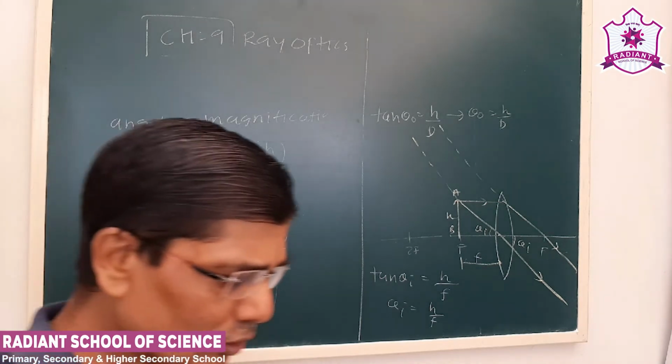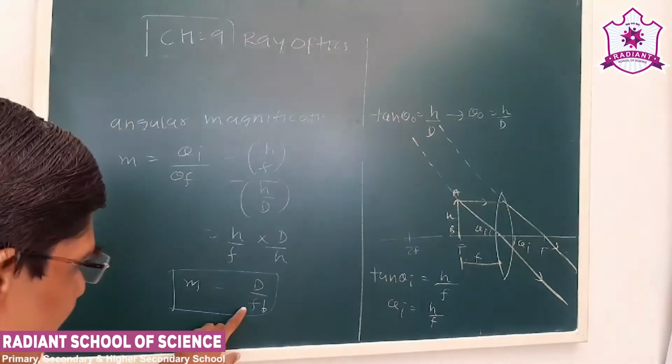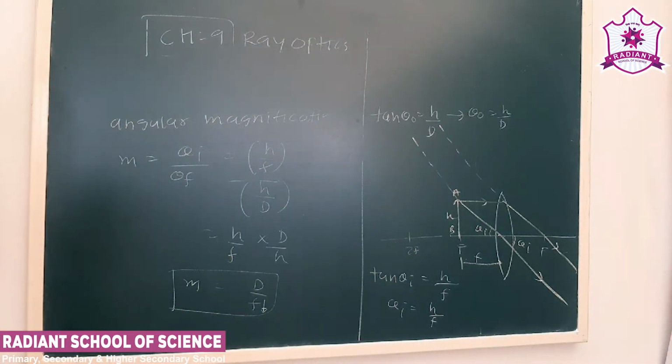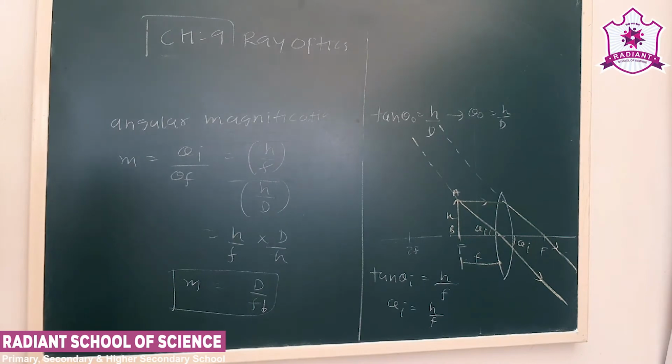But there also will be some limitation beyond which we cannot decrease the focal length of the lens. So in that case, it will pose some limitation on the magnification of simple microscope.